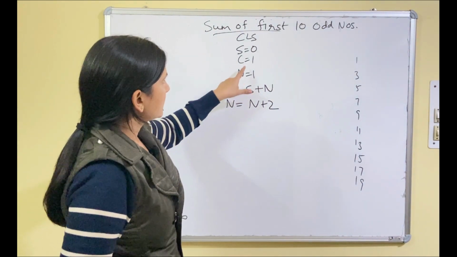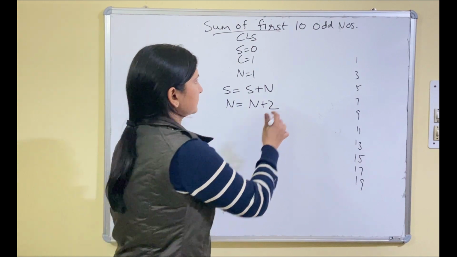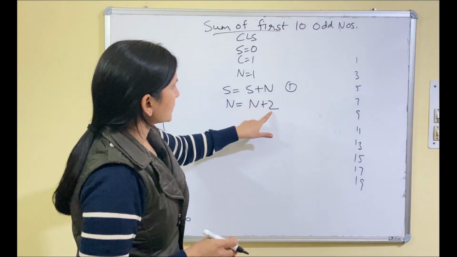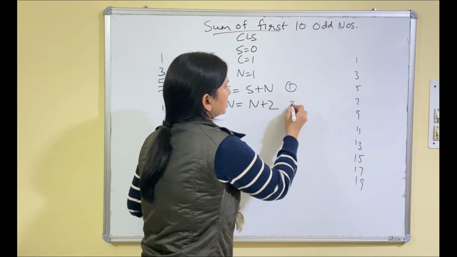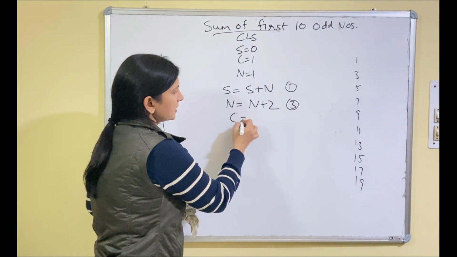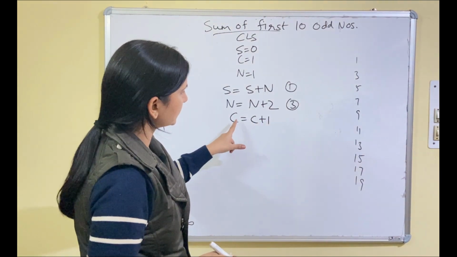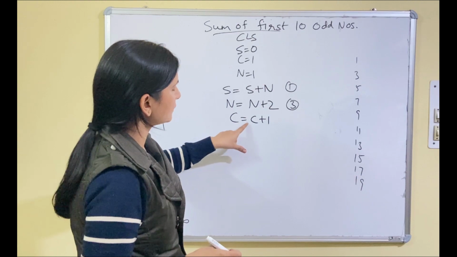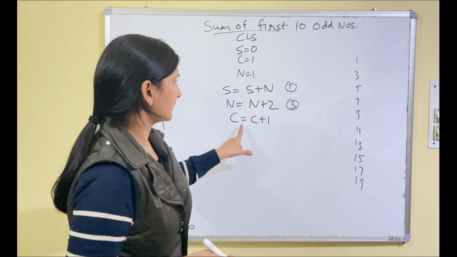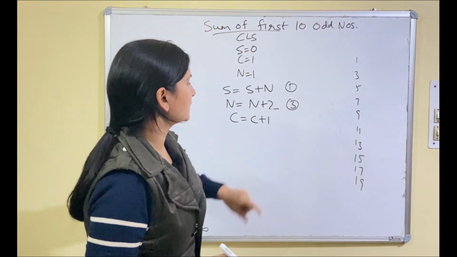See, C1 N1, S0, 0 plus 1, 1. N has become 1 plus 2, 3. Fine. C equals to C plus 1 as it is. C always we give, in this case C equals to C plus 1 because this is a counter, first term, second term. And this is a number, 1 after 1 it is 3. So 1 plus 2, 3.